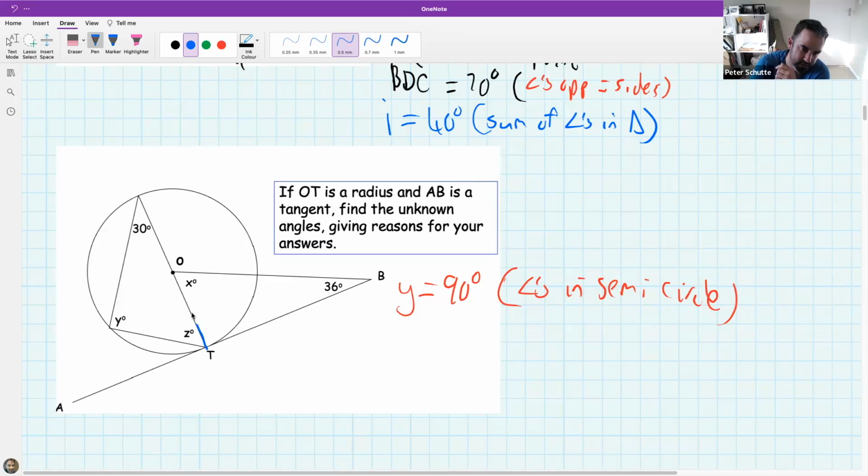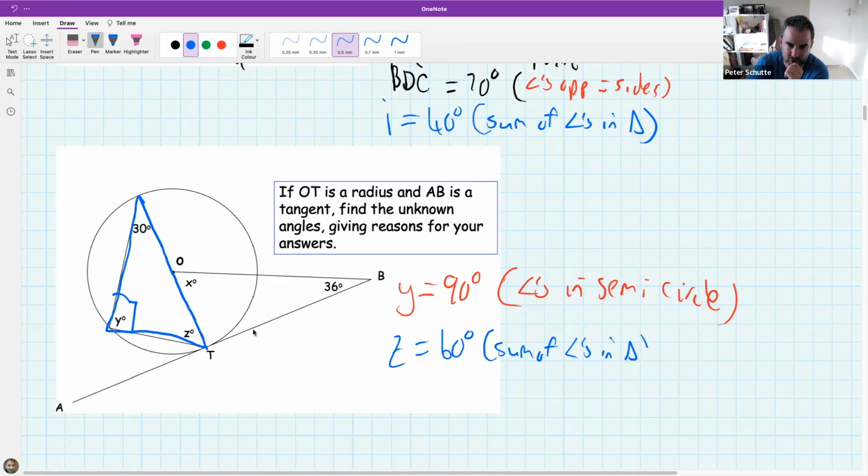Here's the diameter, and so we know that it will subtend an angle of 90. And then Z would just have to be 60 because of the sum of angles in a triangle. So that would be 60, that would be 90.